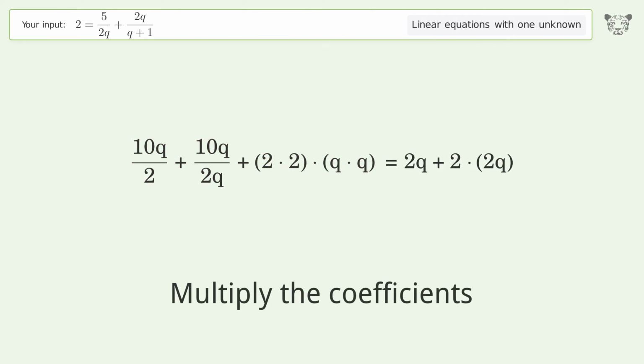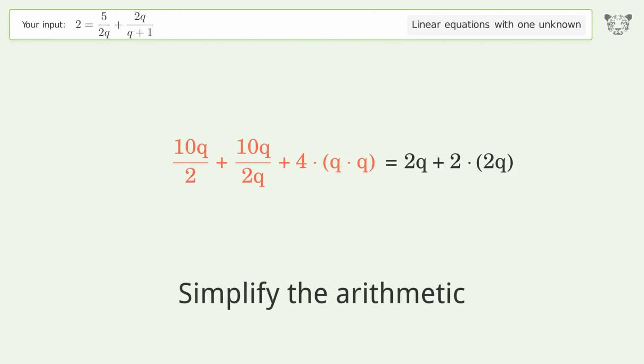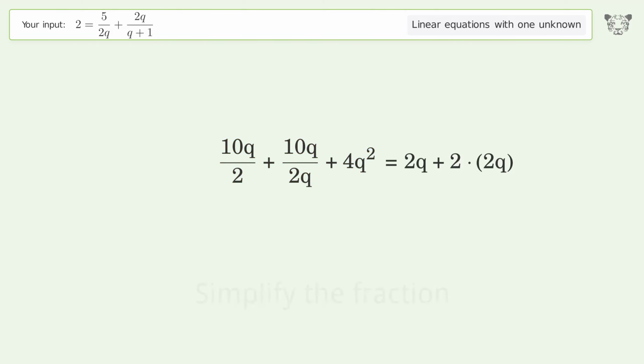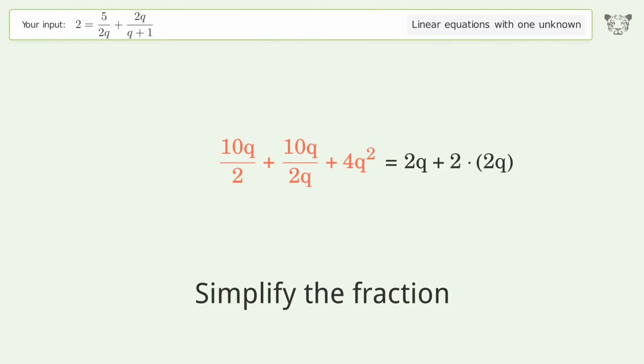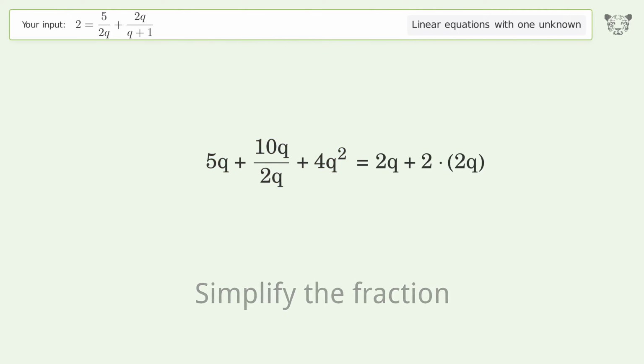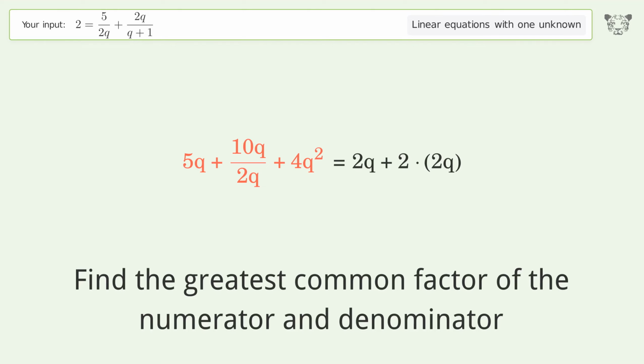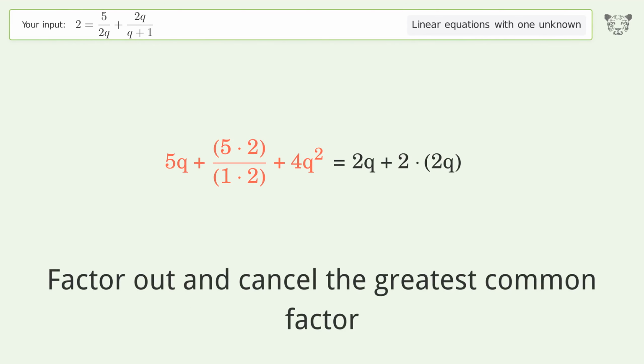Multiply the coefficients. Simplify the arithmetic. Simplify the fraction. Find the greatest common factor of the numerator and denominator. Factor out and cancel the greatest common factor.